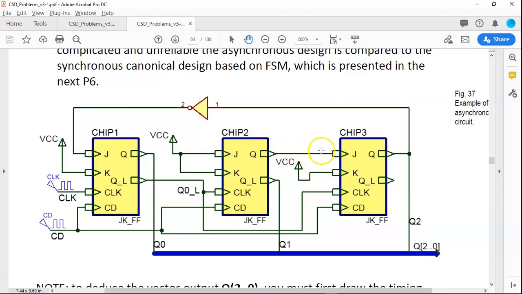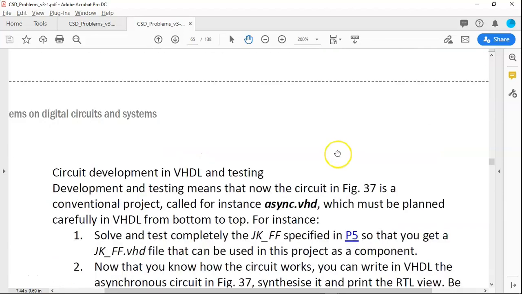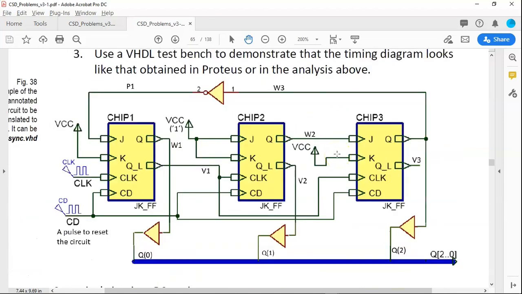For example, this one here, connecting the Q from chip 2 to the J of chip 3, has no name. So what you do now is redraw the schematic and annotate and name everything. For example, this signal is going to be W2, whatever the name, but something, right? W2. And the same way with everything, even the signals that are not connected anywhere.